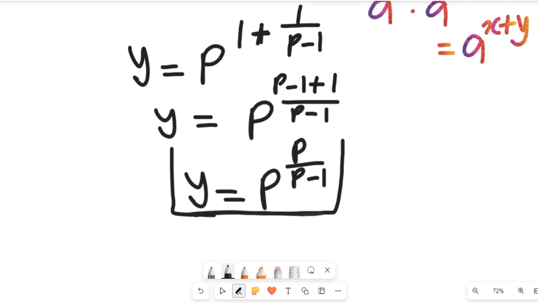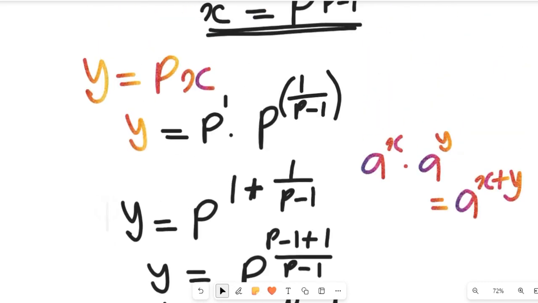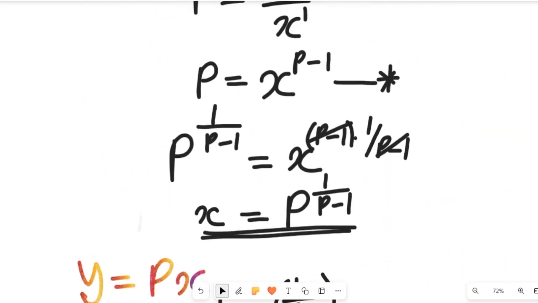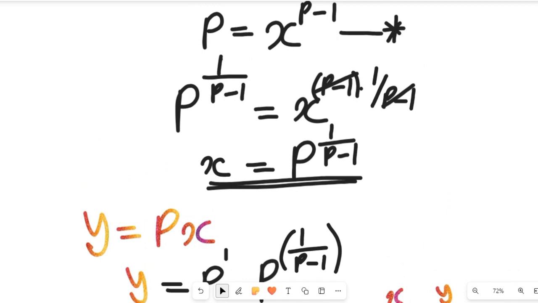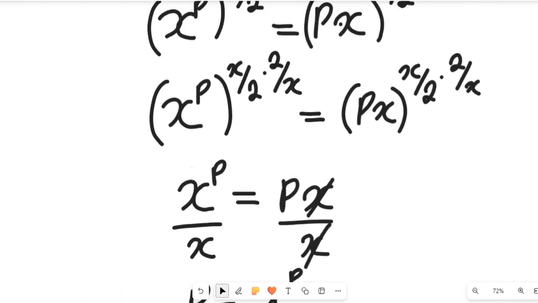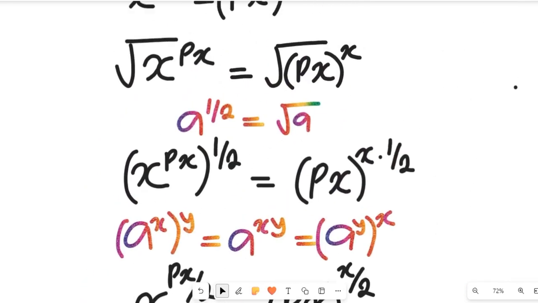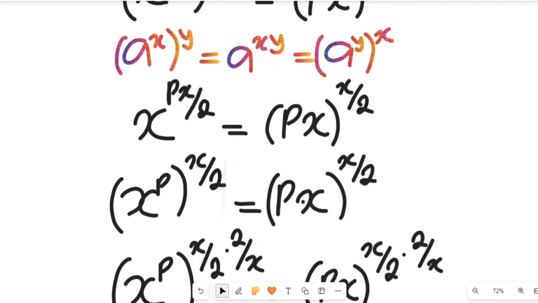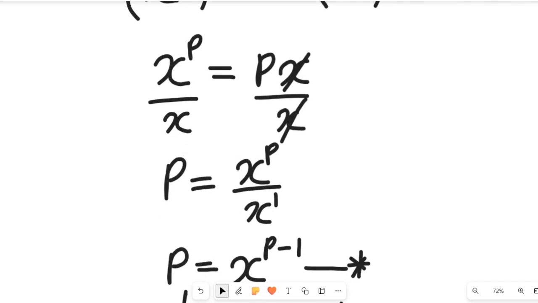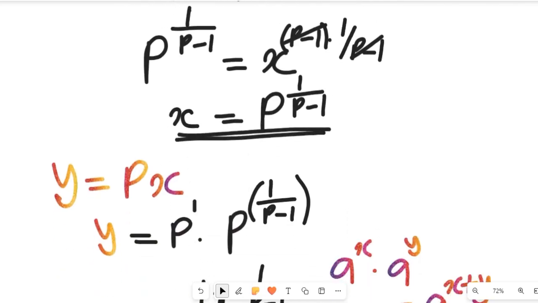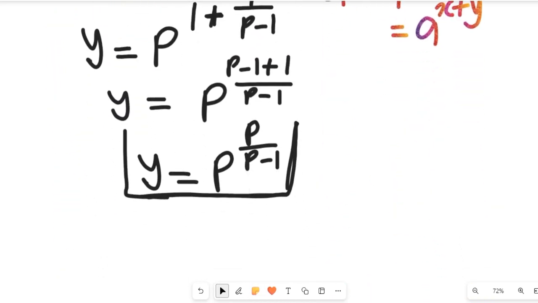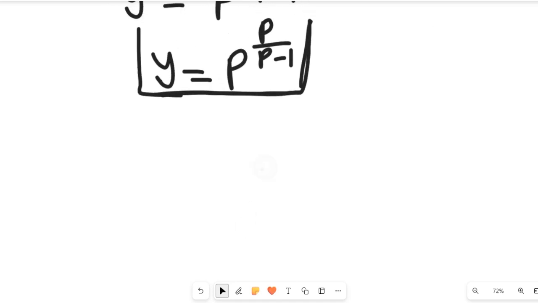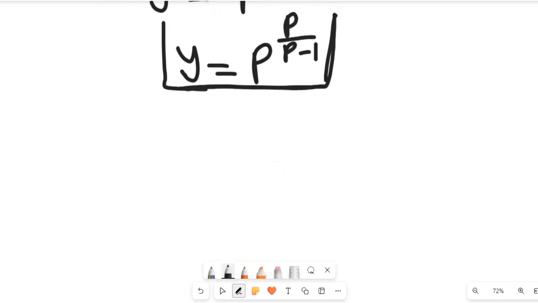Now, having gotten the value of y and x, which we have seen from that expression, that means we can simply check if this solution is absolutely right. Now, let's assume that the value of our p is equal to 2. If the value of our p is equal to 2, then what will our y and x be?